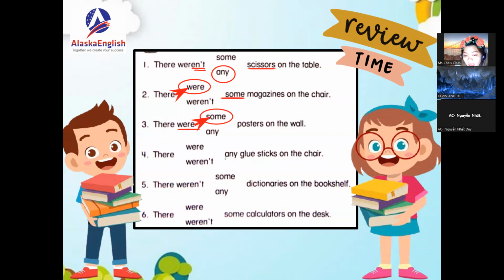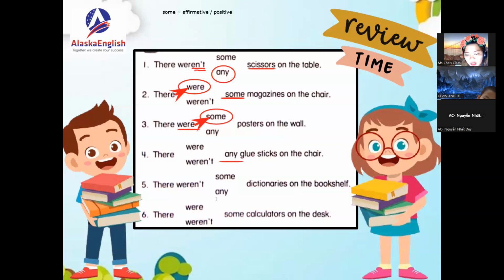How about this? We have any. What are you going to use? When do we use any? Oh, remember I told you we use some. Remember this pattern. Affirmative or positive. The simple sentence, the original one, right?